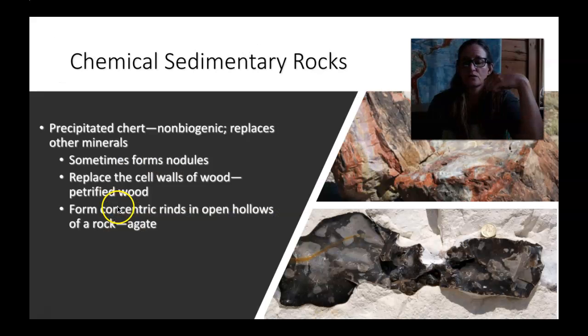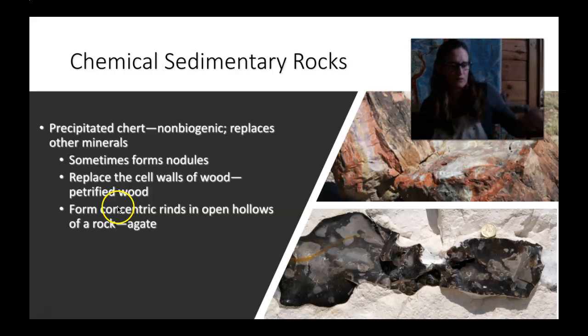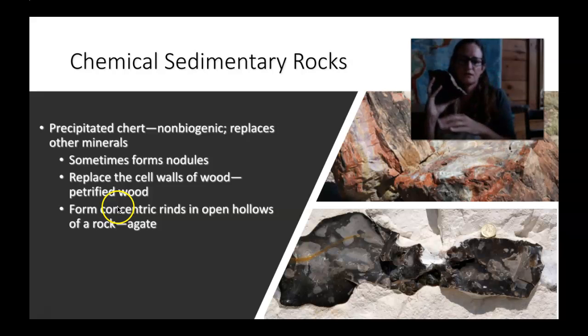Okay. Chert can form when those plankton, those microscopic organisms, die and fall to the seafloor. It can also just precipitate out of solution. So I held up earlier, and I'll do it again, a piece of petrified wood like in the image here.